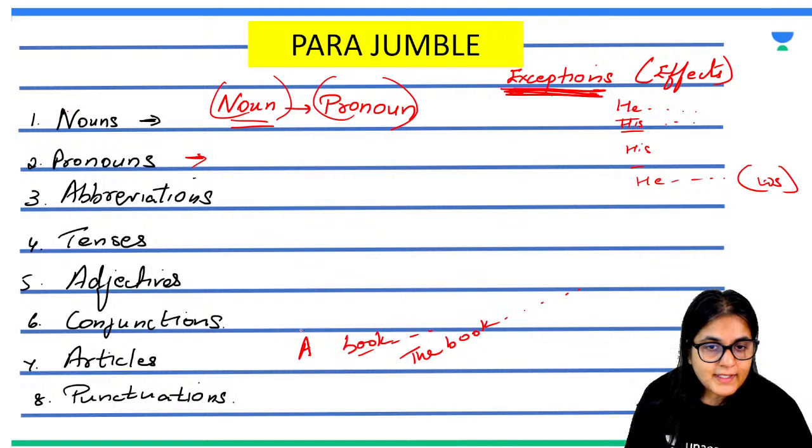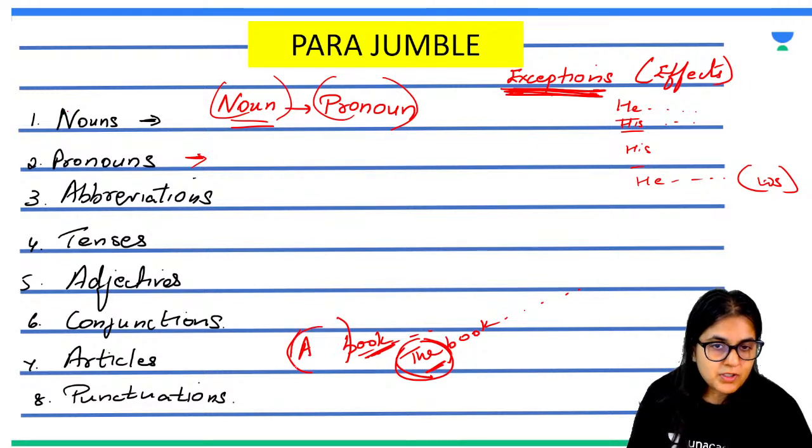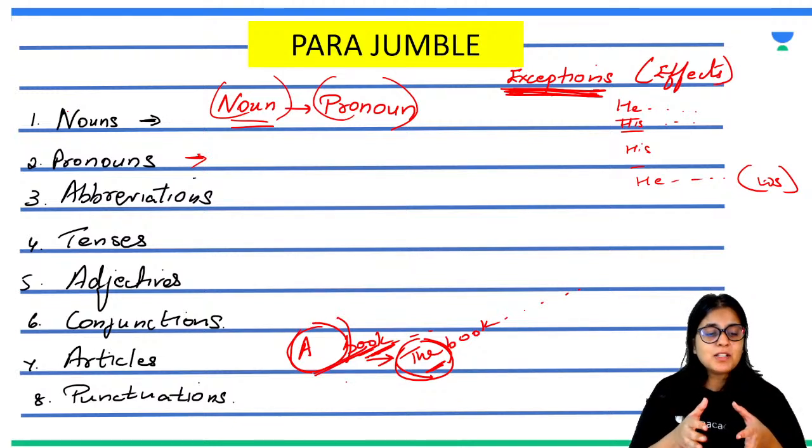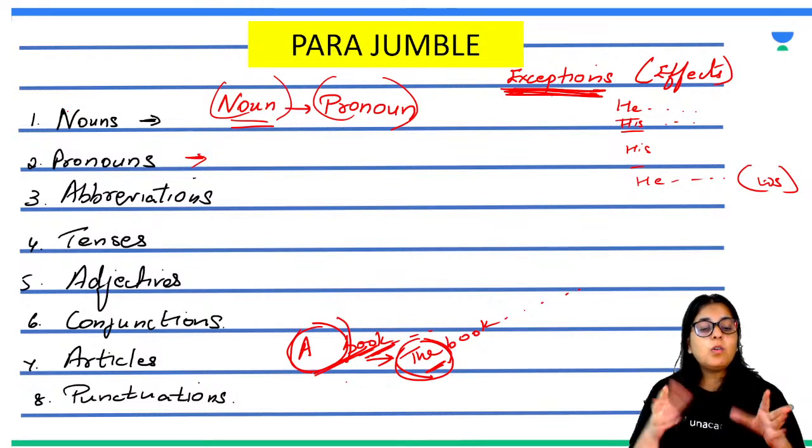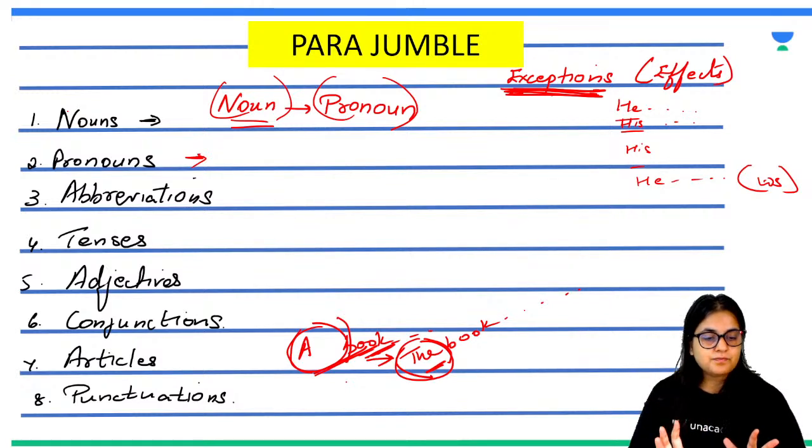So you know that if you're referring to the same noun and you're using the article a, and in another statement you're using the article the book is specific. A book is a general opener. So you start with a book and then you come to the book. But इसका ये मतलब नहीं है कि जिस sentence में भी a है वो opener हो जाएगा और the opener नहीं हो सकता. I'm not saying that.